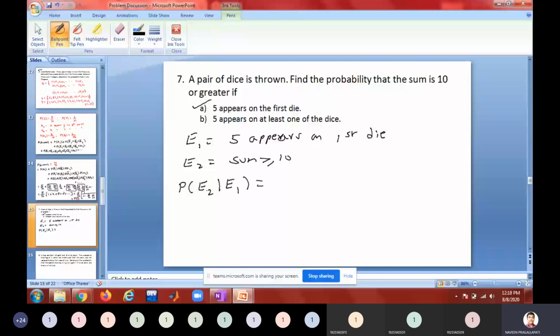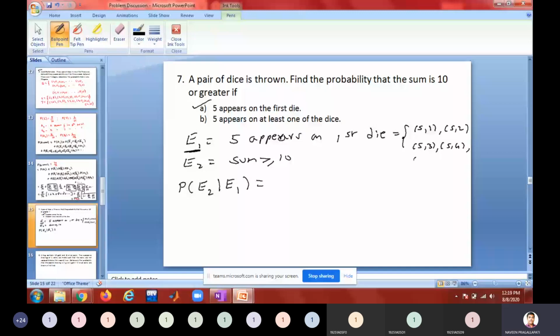So always, though the original sample space contains 36 elements, the sample space is reduced because of this prior information. The prior information is that 5 is already appearing on the first die. That is 5-1, 5-2, 5-3, 5-4, 5-5, 5-6.